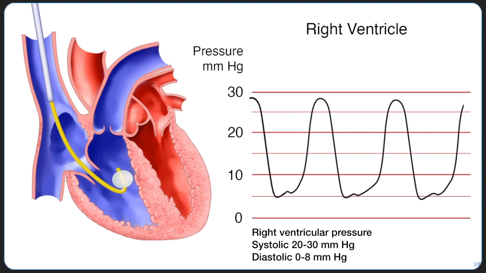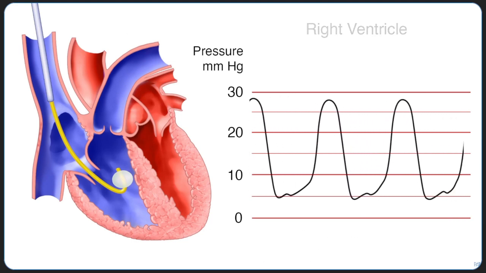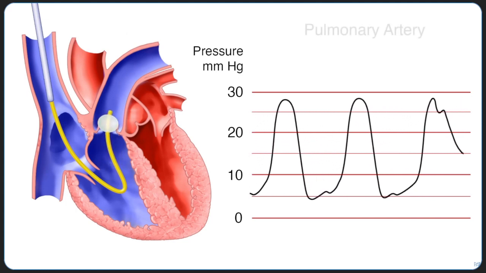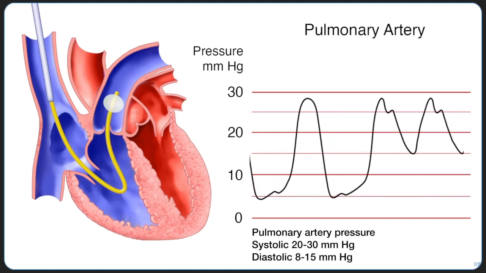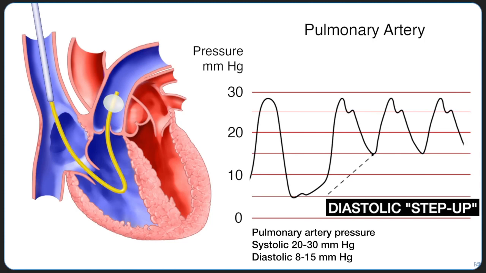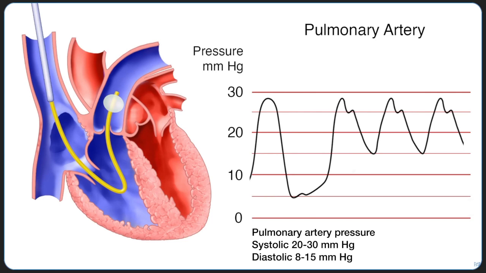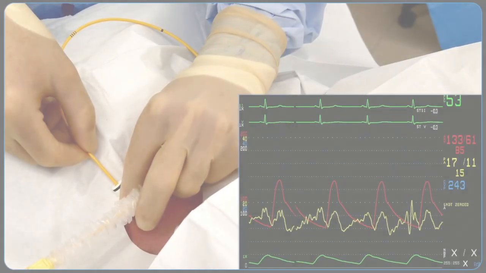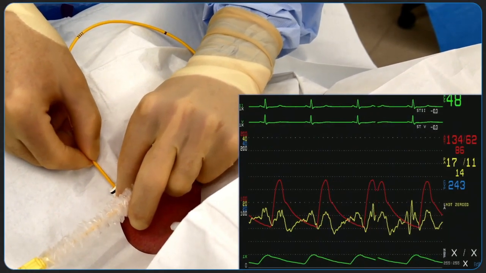As it passes through and moves up, it goes to your pulmonary artery. As you can see, there's a step up in your diastolic pressure, and that's usually the closure of your pulmonary artery valve. Here again, when we insert the pulmonary artery catheter, you're on the CVP, and then there are giant waves.